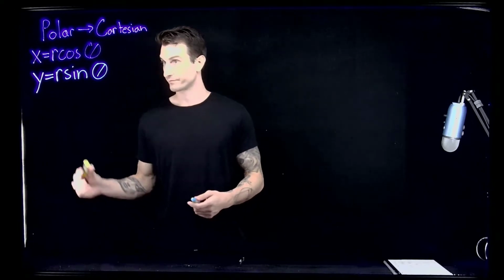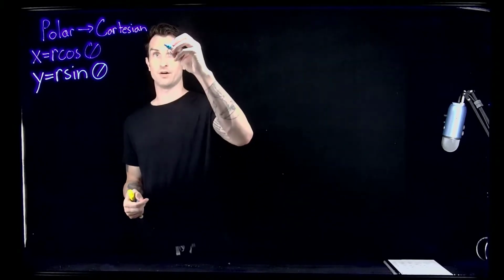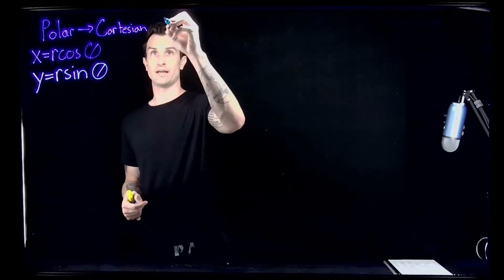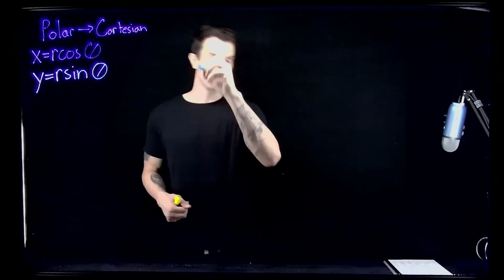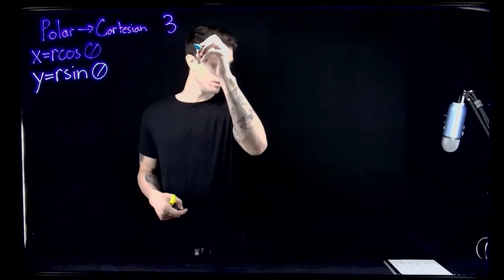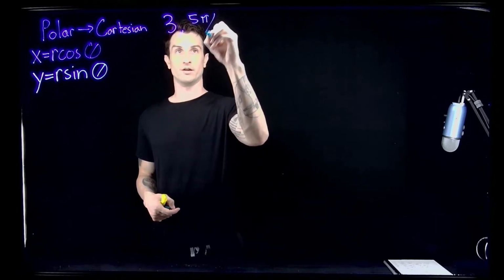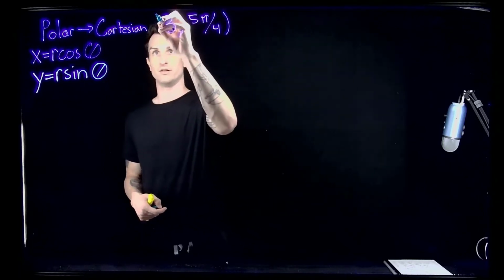Okay. So we have 3 more examples to do. Let's go ahead. I'll write them up here so you guys can go through them at your own pace if you want. We'll do 3, and we'll do 5 pi over 4. So similar to our last one.